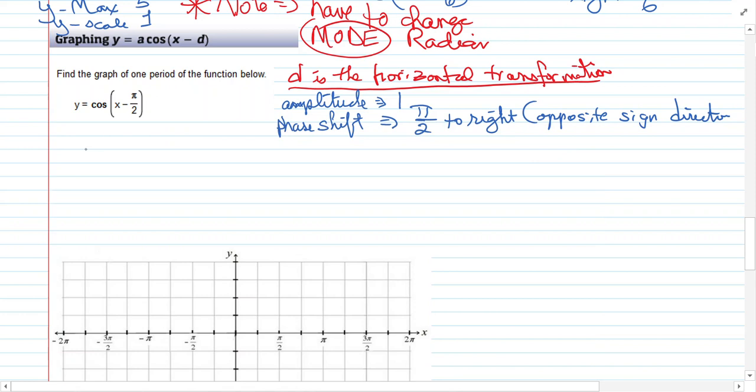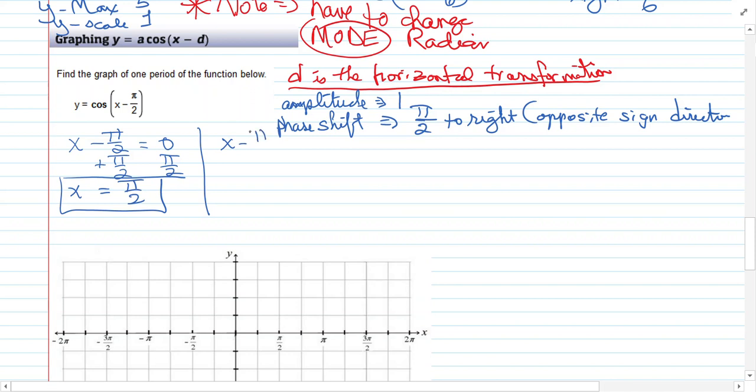So we want x minus pi halves to equal 0. I'm going to add pi halves, so x equals pi halves is my first entry for that quadrantal. Then I'm going to have x minus pi halves equals pi halves.